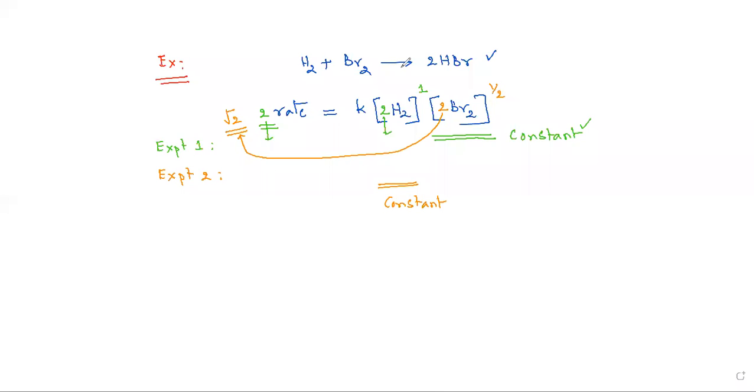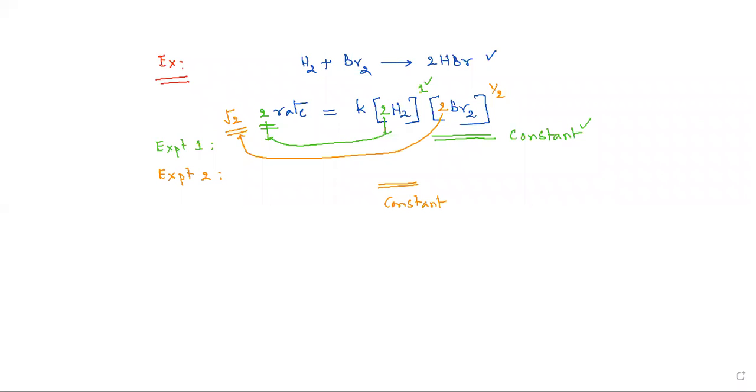Is that okay? In the first case, when the concentration of hydrogen is doubled, the rate is doubled. That is how we got the power 1. In the second case, keeping the concentration of hydrogen constant, when the concentration of bromine is doubled, the rate simply became root 2 times. That is how we got the power.